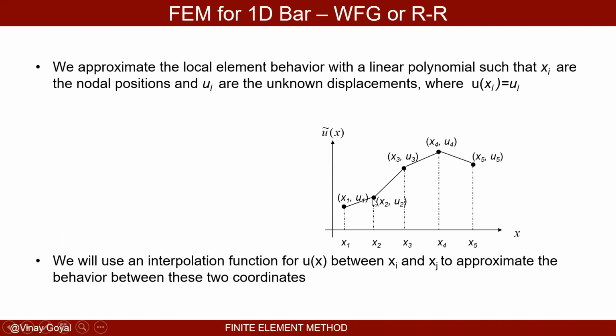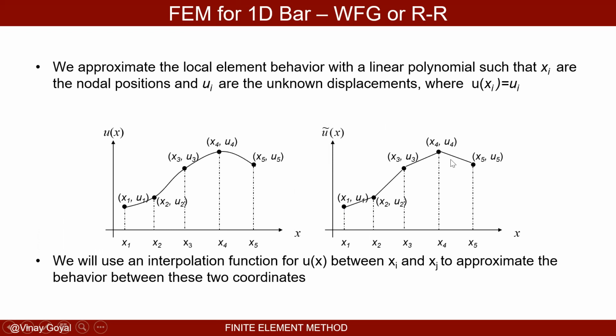So I want to find a way of interpolating the deflection between x1 and x2, x2 and x3, and so forth. The exact solution looks like this, but I'm going to approximate a solution like this. It's going to be linear in between, and again, it's an approximation.